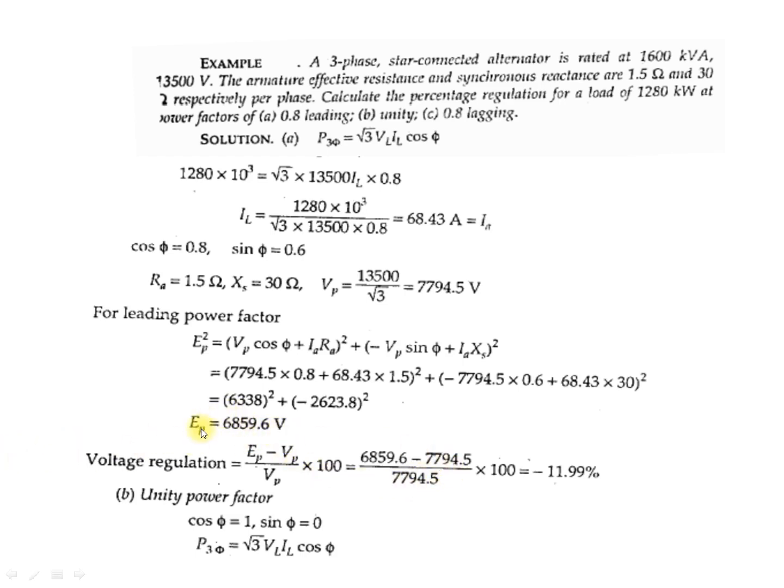Using that value and the terminal phase voltage, we can find out the voltage regulation as shown here. The voltage regulation is minus 11.99%.